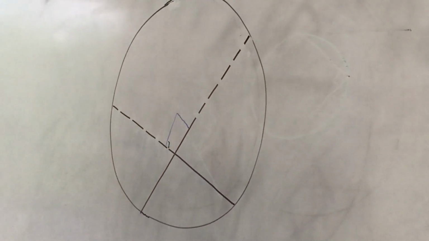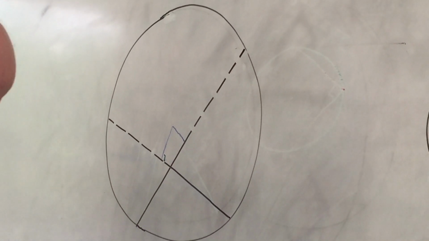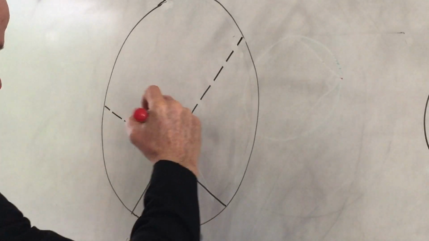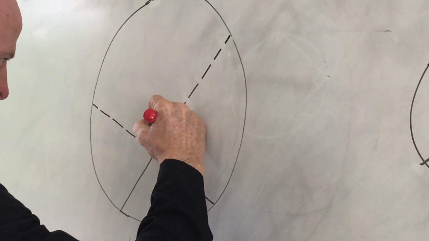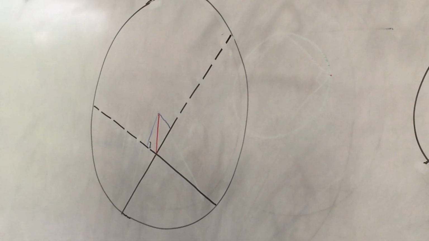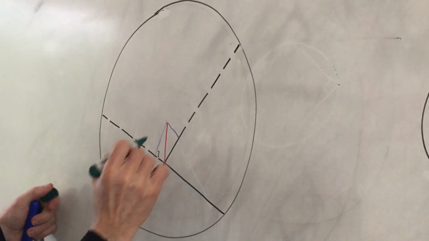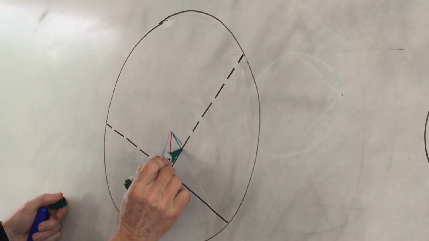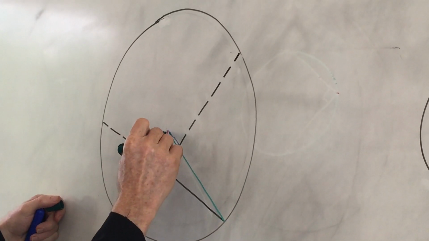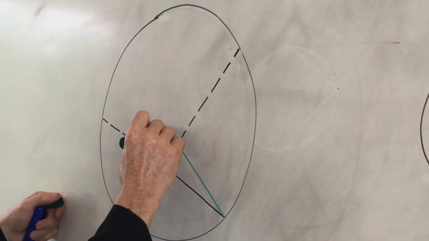here. Okay? Let's connect some lines here. Connect some dots. And from the center to that point of contact, say from here, and here.